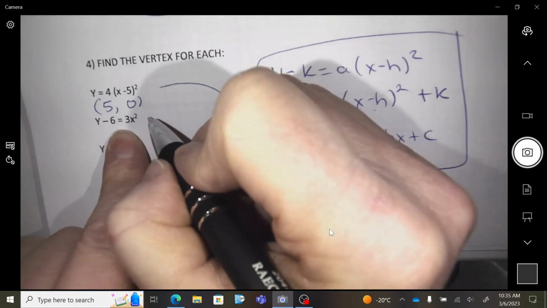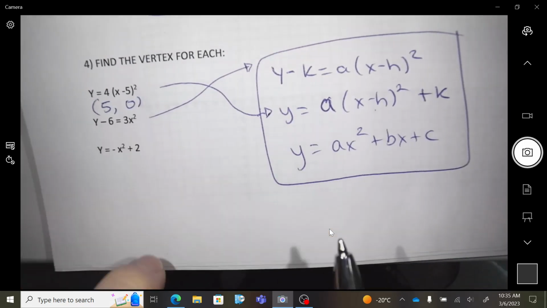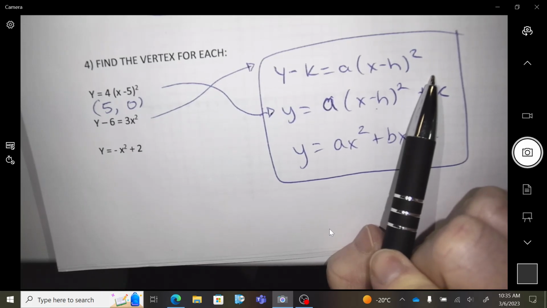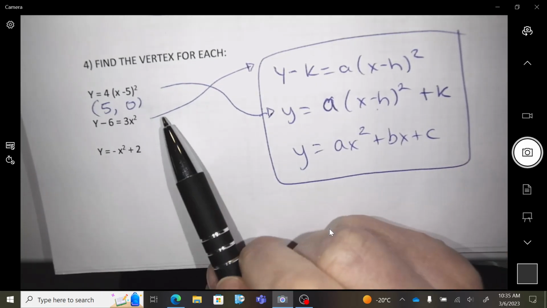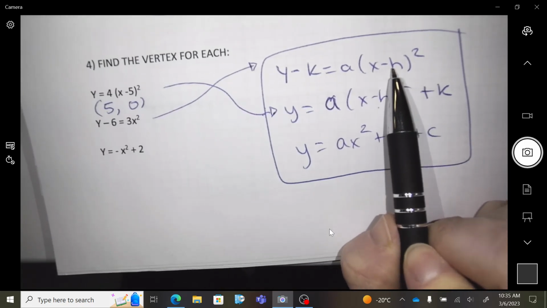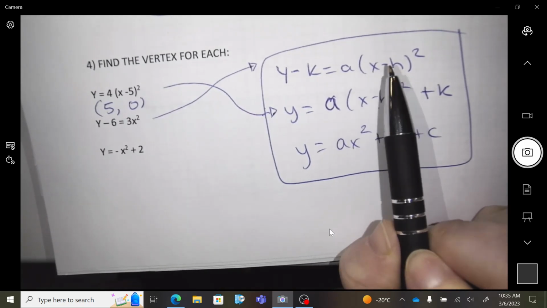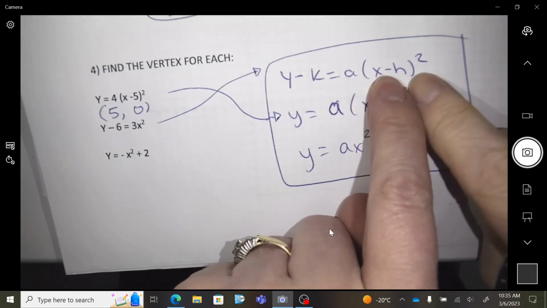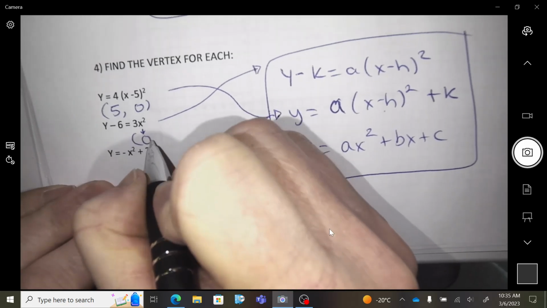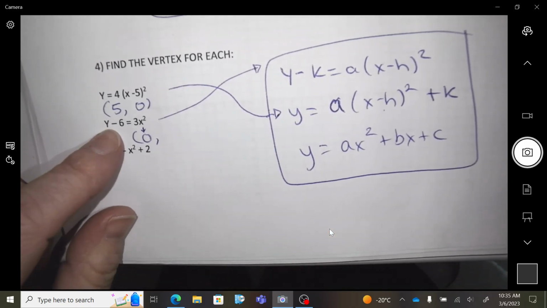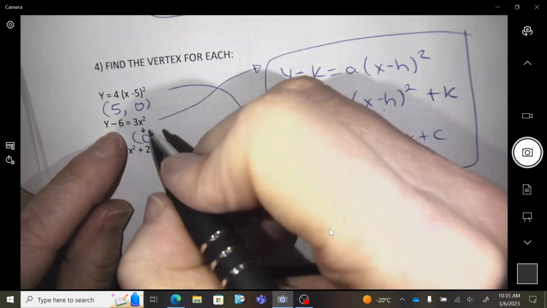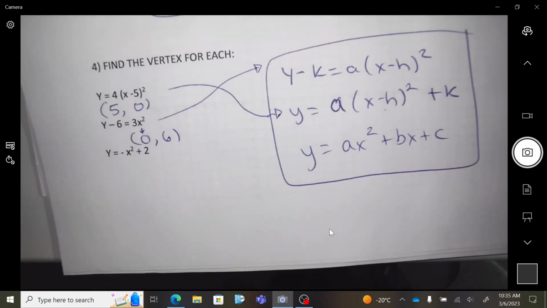Okay, the second one, I'm going to refer to the top equation here. And I'm going to note to myself, there's just an x squared. So that means h didn't exist. If there's just an x squared, there's no h in there. So that is 0. And then the 6, I just have to make sure: opposite or same? Opposite. So 0, comma 6.